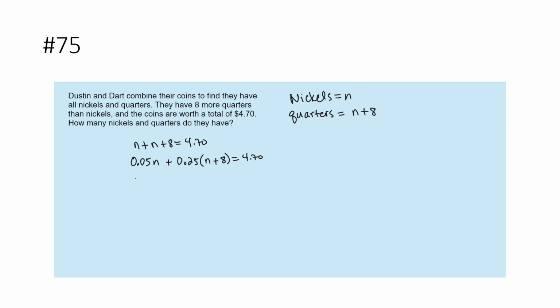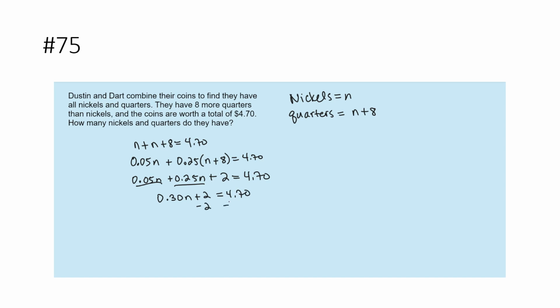So I'm going to do the distributive property there, plus 2. I'm going to combine my two n's to give me 0.3 n plus 2 equals 470.